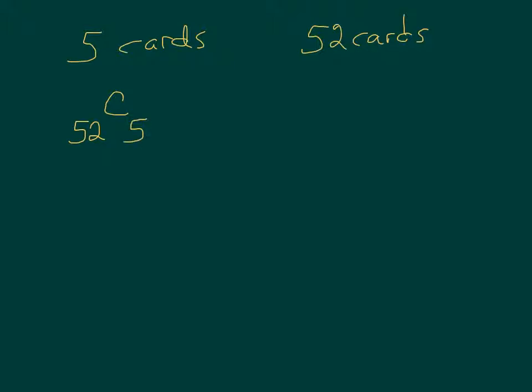So there's the formula. We would have 52 factorial over 47 factorial times 5 factorial. Is it 2,598,960?